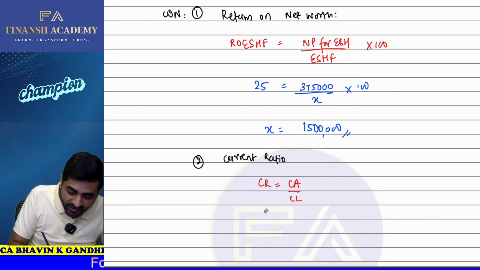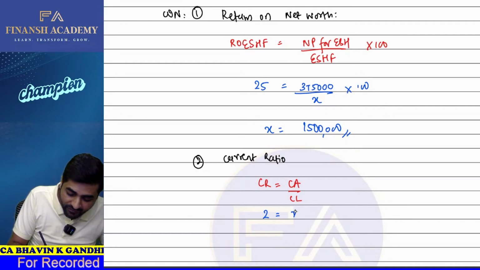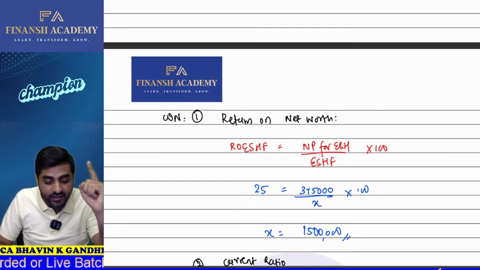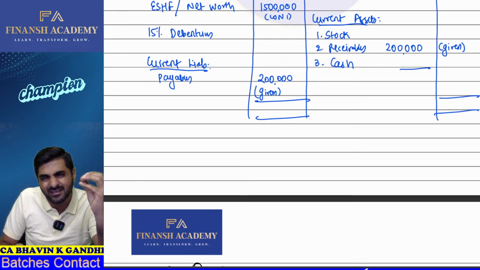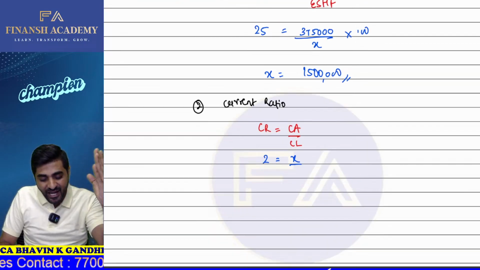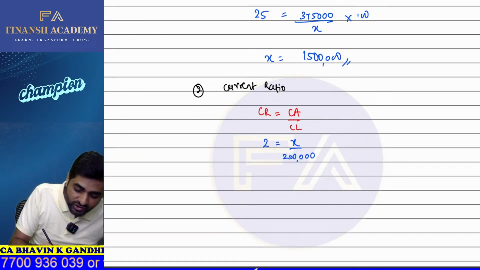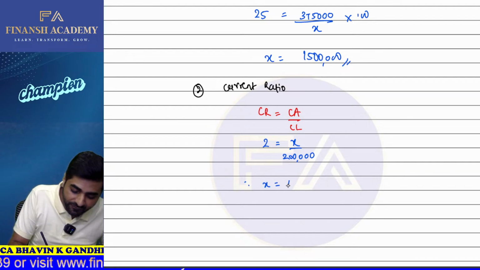Wow. So we have a current ratio of 2. What is the current assets? We don't have it. But guys, do we have the total of the current liabilities? Come on, yes or no? Yes, we do, which is nothing but your payables, that is 2 lakh rupees. So now I have current liabilities also amounting to rupees 2 lakhs. This will now help me calculate the current assets, which will be nothing but 4 lakhs.